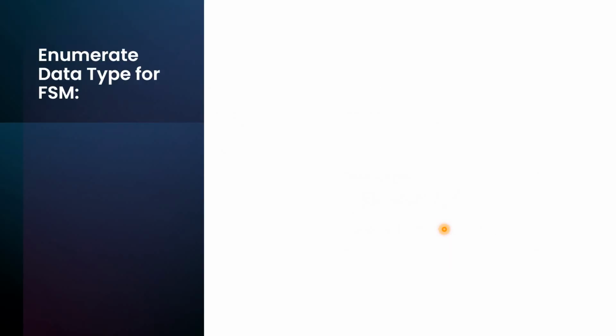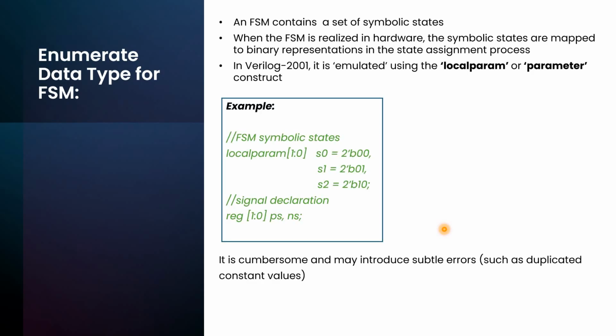The second important feature is enumerated data types for FSM. If you remember, in Verilog, if we have to declare the states for an FSM, we either have to use localparam or parameter, and then we have to assign a particular binary value to each of the states. Sometimes what happens is we may assign the same value to two states, and that becomes a wrong functional implementation of the states.